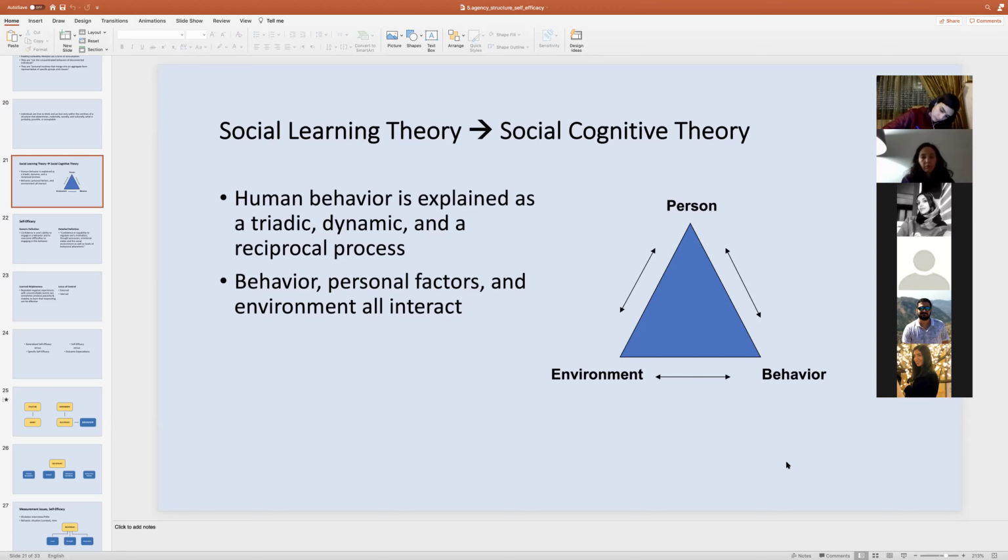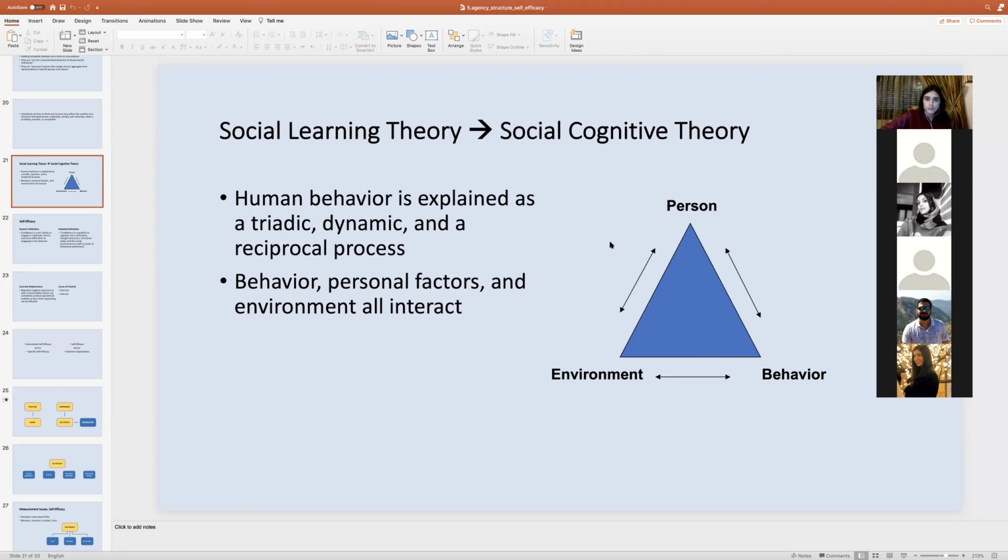From the social learning theory, we move into the social cognitive theory, which continues to be used extensively in public health research. The argument is that the individual is influenced very much by what they learn in their environment, or by what their environment allows them to do, and that the behavior of the individual changes as that environmental context changes, and as the person themselves learns new things and changes.